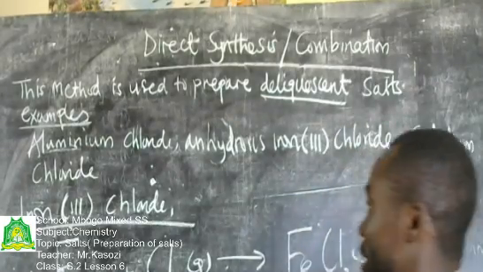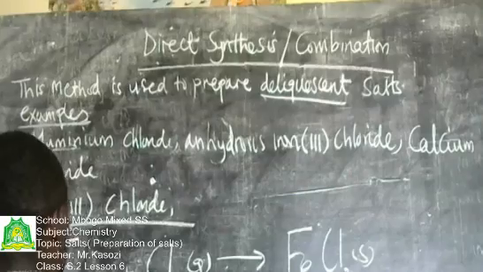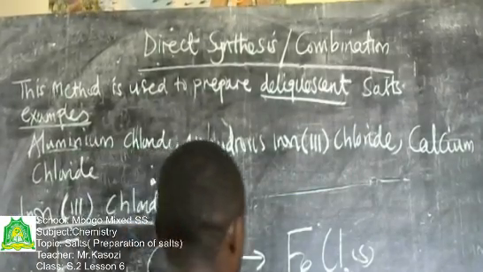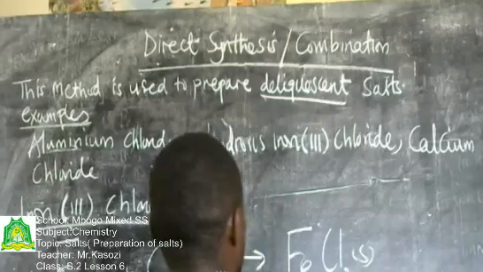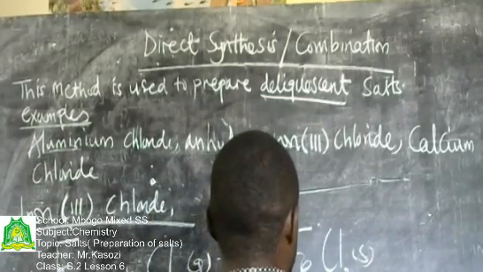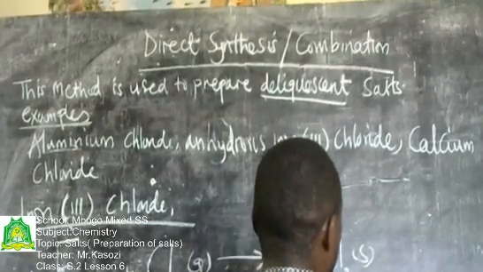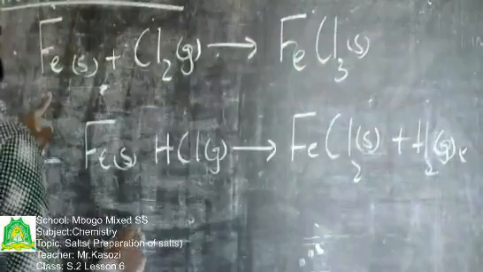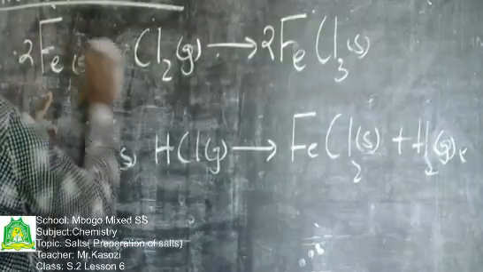For iron 2 chloride will be obtained when we pass a dry stream of hydrogen chloride gas through a combustion tube containing heated iron. Heated iron, this will give us iron 2 chloride plus hydrogen gas.